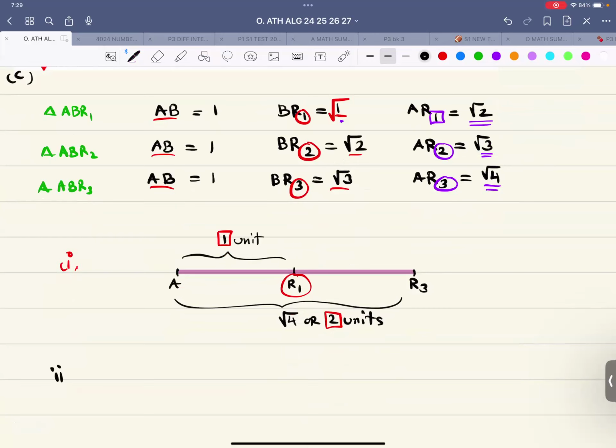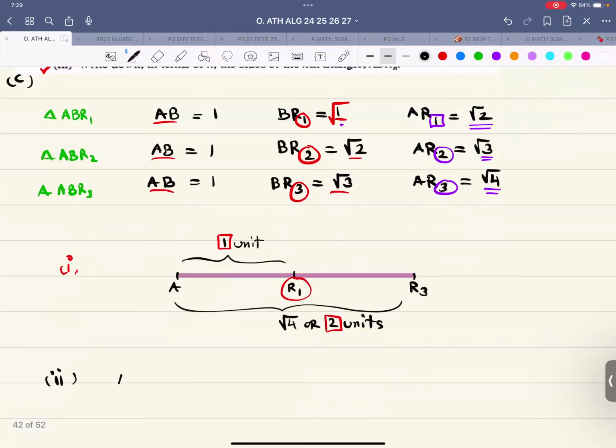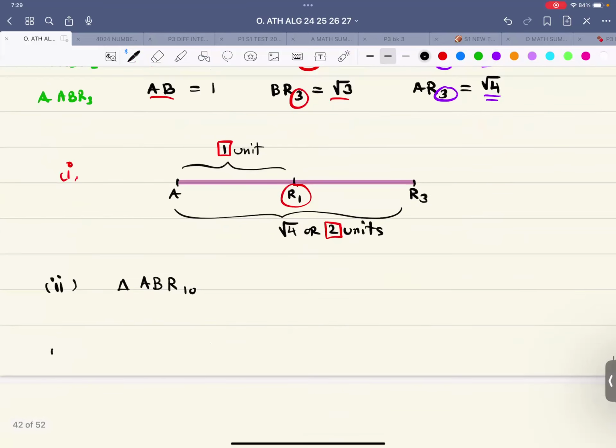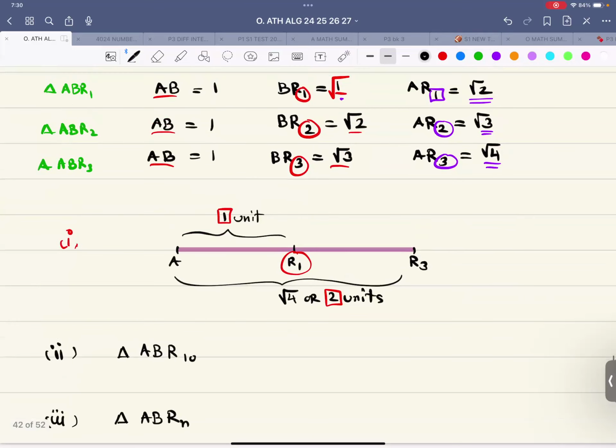And for part 2, if I write triangle ABR10, and for part 3, that is ABRn, now the pattern is very clear. So we will write AB equals 1, that is fixed.